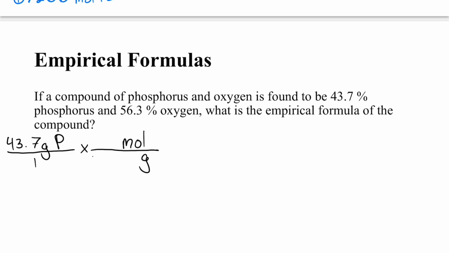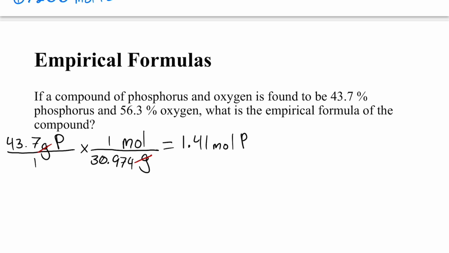Phosphorus has a molar mass of 30.974 in 1 mole. Units of grams cancel. And we do 43.7 divided by 30.974. And rounding to correct significant figures, we get an answer of 1.41 moles of phosphorus.